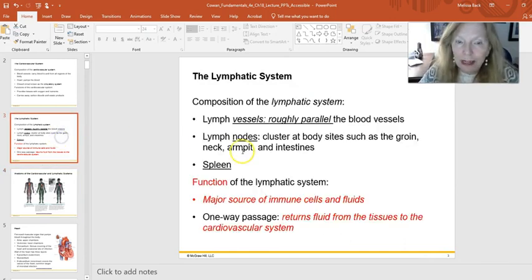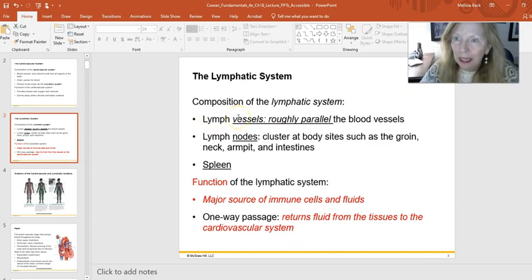So what do the lymphatic vessels do? They are going to be circulating the lymph. Lymph is a clear fluid that bathes our tissues. It's going to be returning that back to the blood, the cardiovascular system.